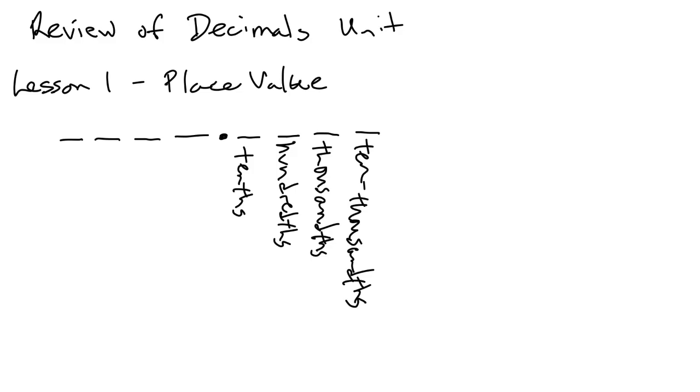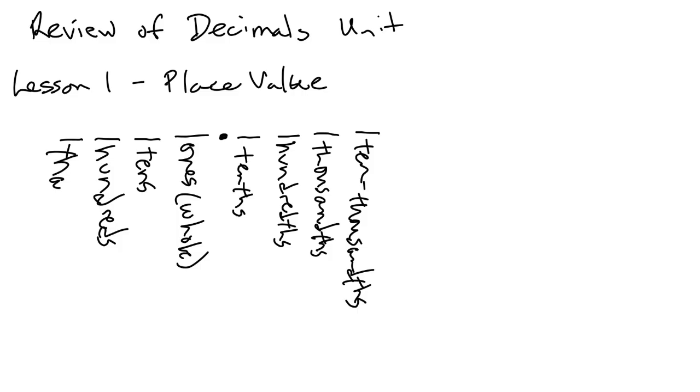On this side of the decimal point, the first place is the ones, or we also sometimes call it the nearest whole number. Then we have tens, hundreds, thousands.